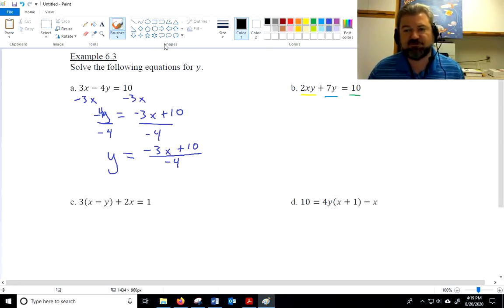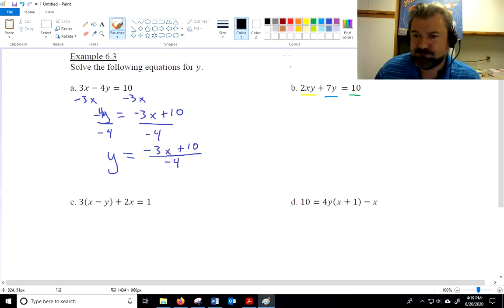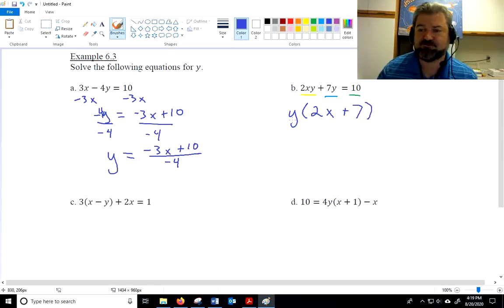Now, what I want to do is I want to factor out that y that's in common. So let's do that. I'm going to use the distributive property. Maybe you think of this as factoring, but we'll talk about factoring later. But that's the distributive property backwards. You're probably used to distributing y here and here, but I'm pulling it out. Some of you might be wondering, why is there only one y when there were two y's before?